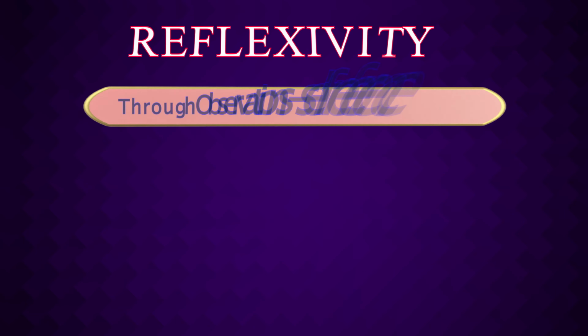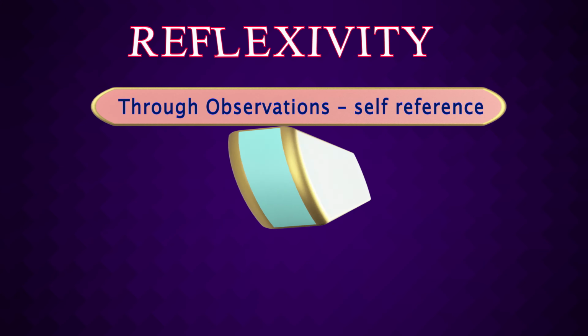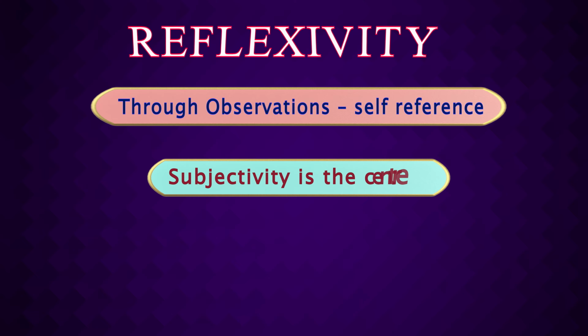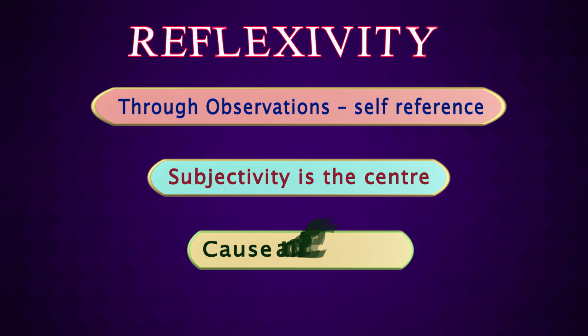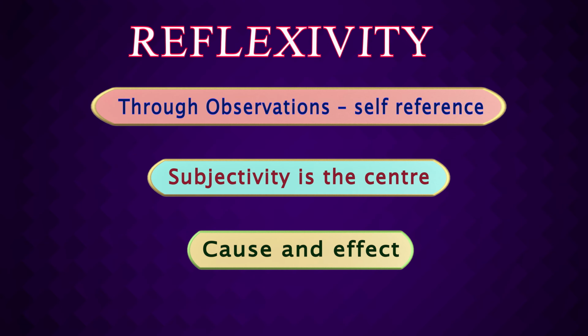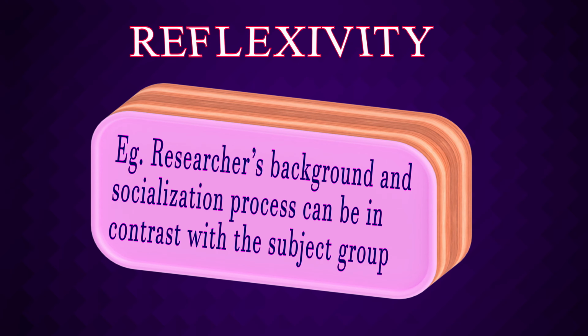But the twist here is while subjectivity is the center of the research, cause and effect also play an important role, that is reflexivity. The problem here becomes your own background and your socialization process can be in contrast or can be very different from that of the subject group.